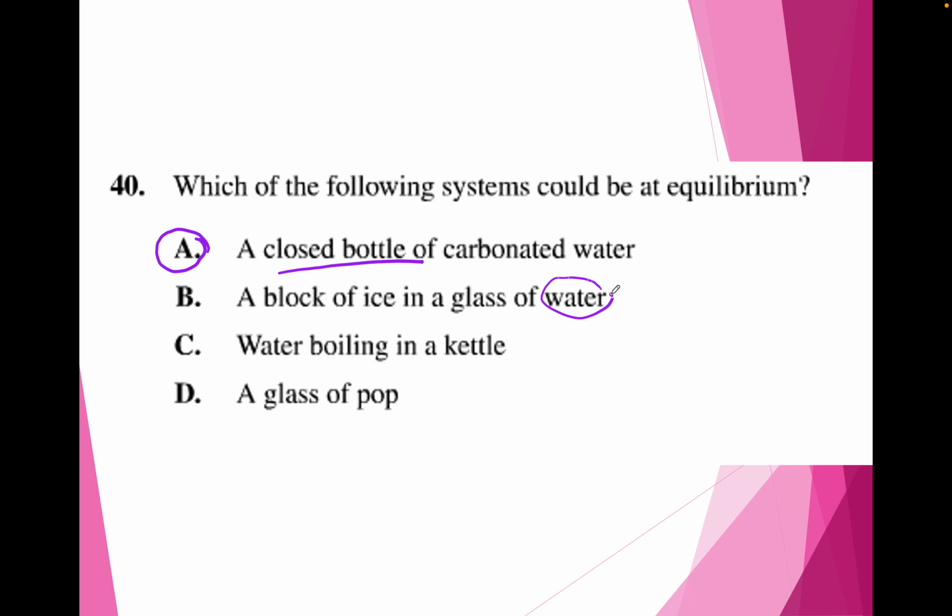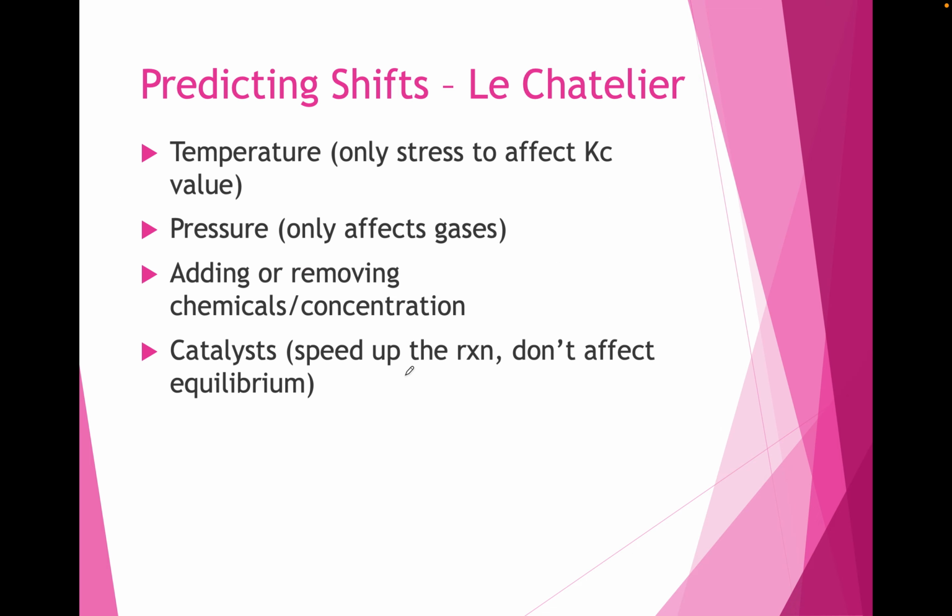So this isn't a closed system. The same explanation applies to C, water boiling in a kettle. As that water boils, it's going to escape the kettle, so that's not an equilibrium system. And with the glass of pop, as it sits out, it is going to lose that carbonate to the air as well, so not an equilibrium system.